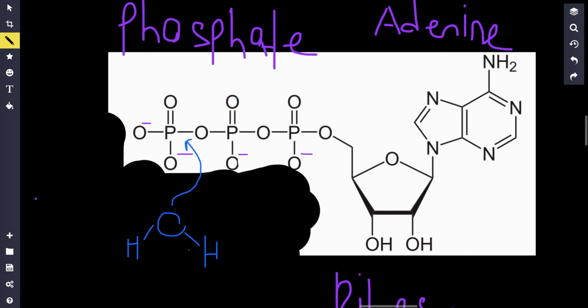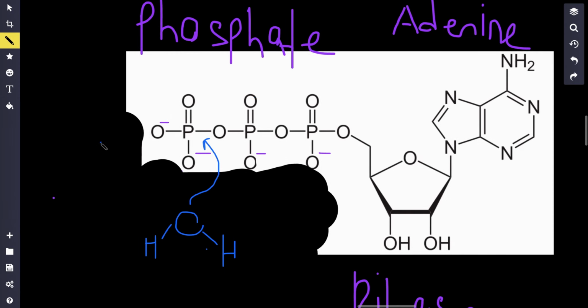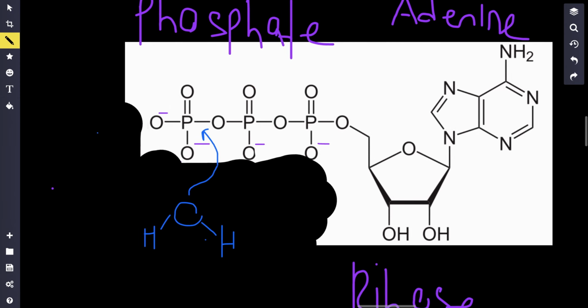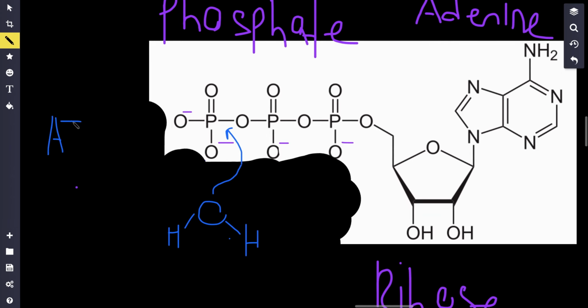Now, the problem with this is that it really doesn't occur if you don't have something known as ATPase, all right? This is an enzyme. You need the help of this enzyme in order for this bond to be broken. The reason is that we have all these negative charges, and remember that water has these lone pair electrons, right?